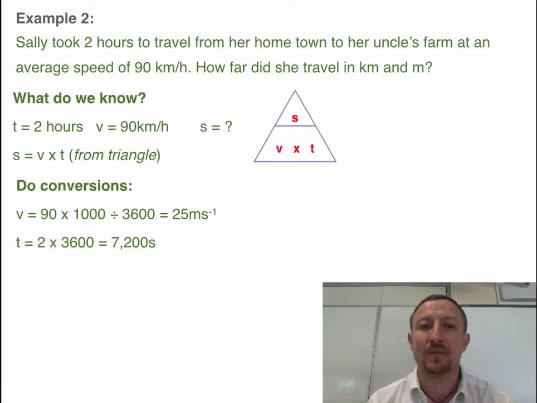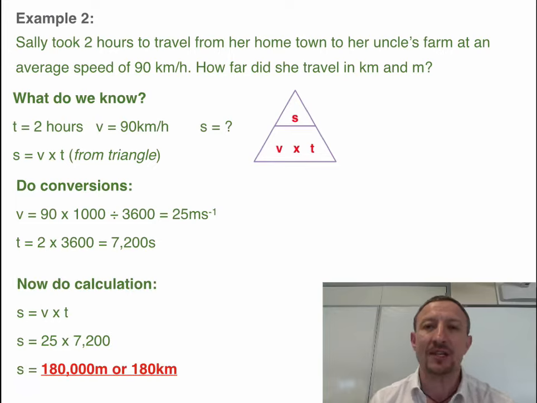Now I've got to do the same with the time. The time is in hours, and I need to convert that into seconds. Well, we know there's 3,600 seconds in an hour, and I've got 2 of them, so obviously the time it took her was 7,200 seconds. So now I've got my velocity in metres per second, and I've got my time in seconds. So now what I need to do is the calculation.